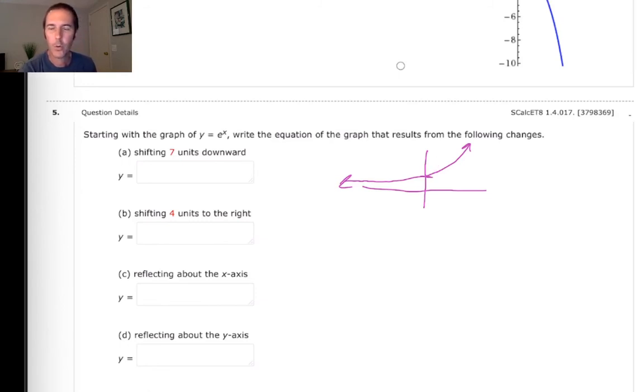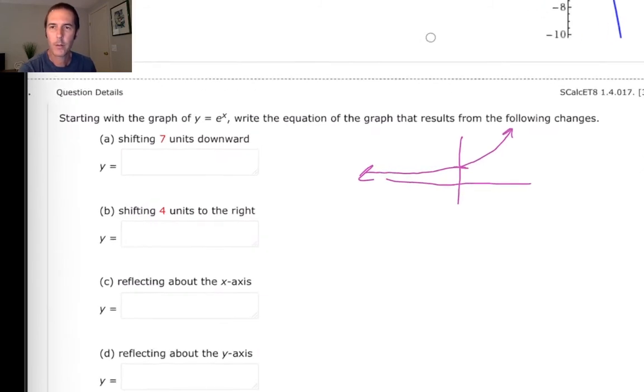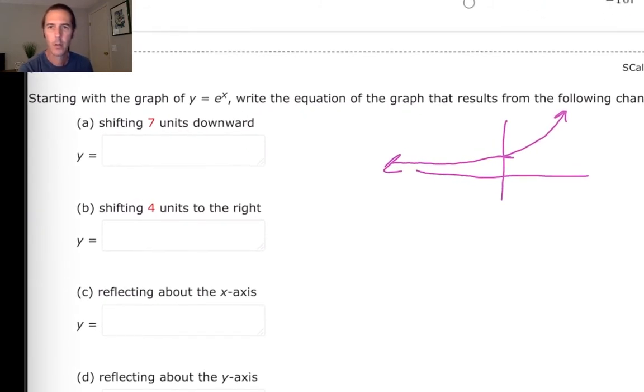All right, so what equation is going to represent this parent function shifted 7 units downward? Let's just draw it generally here.